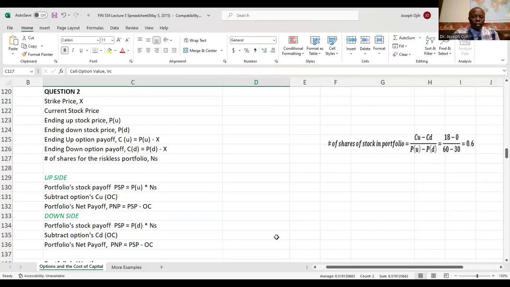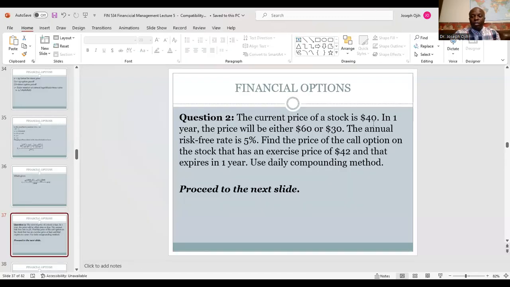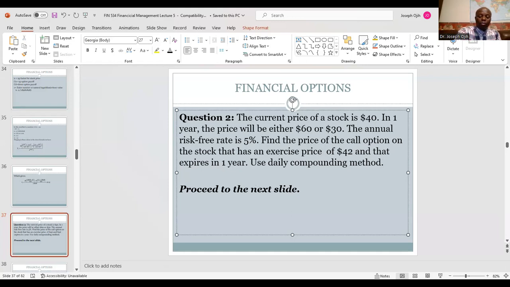We go down here. Question 2. It says that the current stock price is $40. But it says here, find the price of the call option on the stock that has an exercise price. Exercise price means the same thing as strike price. I can put it here so that it won't confuse you.